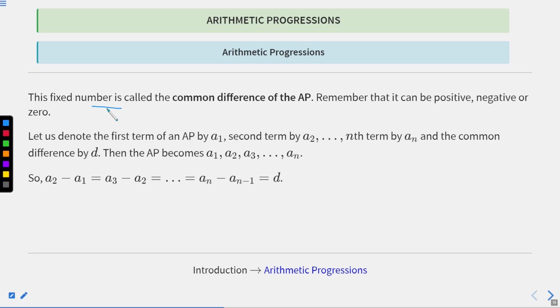So remember that it can be positive, negative, or 0. The common difference of the AP can be positive, can be negative, can be 0.